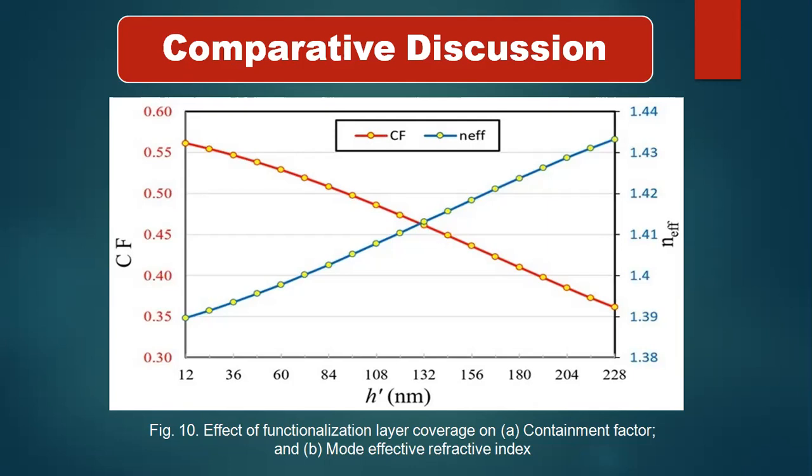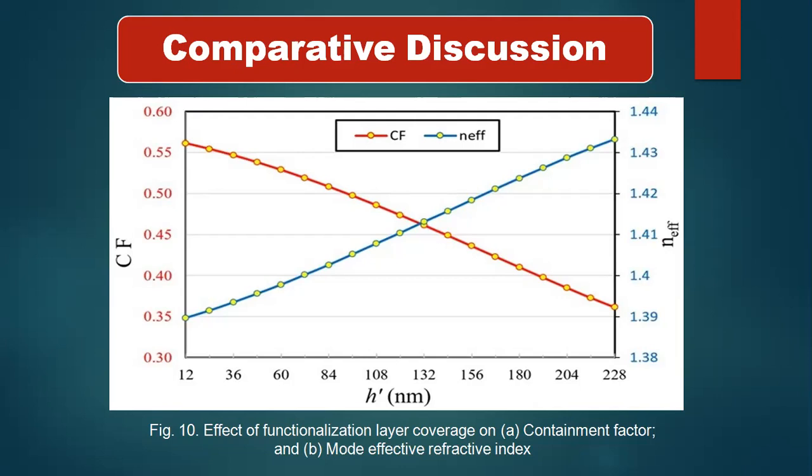So here, for describing the containment factor, we took the area between the silicon nanowires as our desired region, that is the numerator part, and the whole area of the waveguide as the denominator part. And from this ratio, we obtain the containment factor.